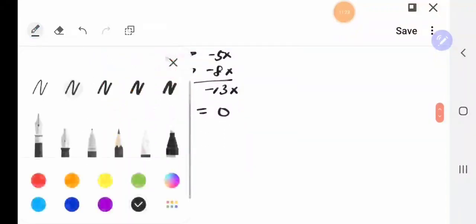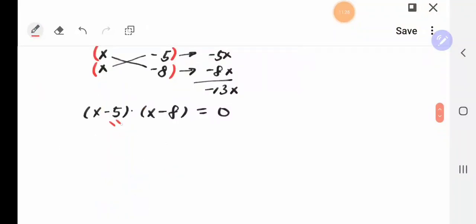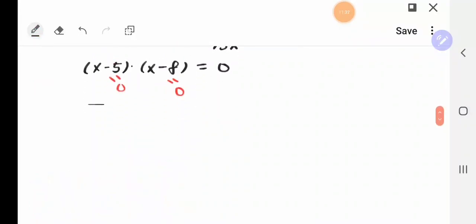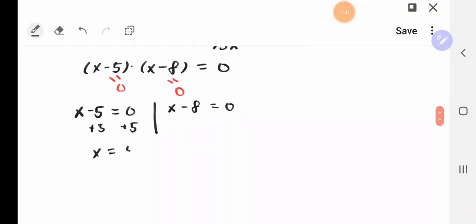So from this, we can set each factor equal to 0. Let's write two equations. From the first factor, x minus 5 is equal to 0, and from the second one, x minus 8 is equal to 0. Then plus 5 each side, so we have x equals 5.